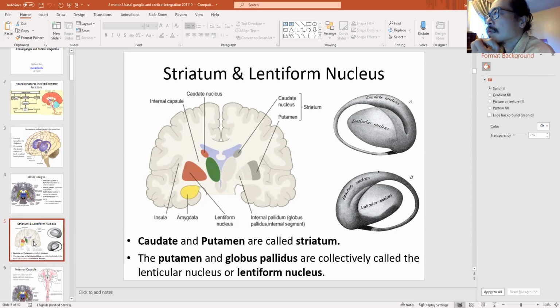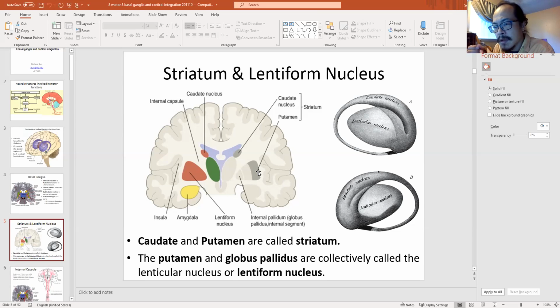When people talk about the basal ganglia, you may also hear about the region called the striatum. What's the striatum? The striatum includes the caudate and the putamen. So this gray area is the striatum, the caudate and the putamen, right?